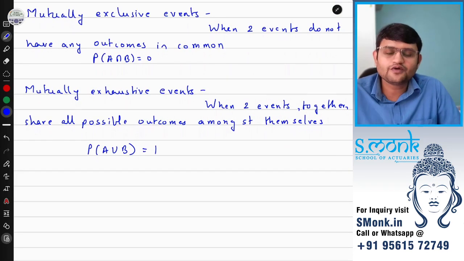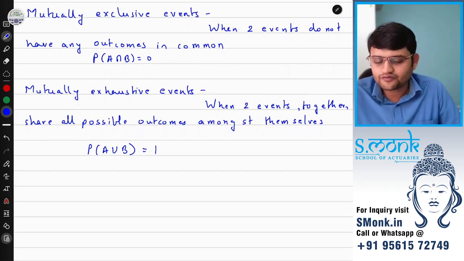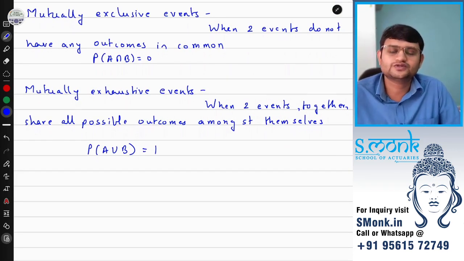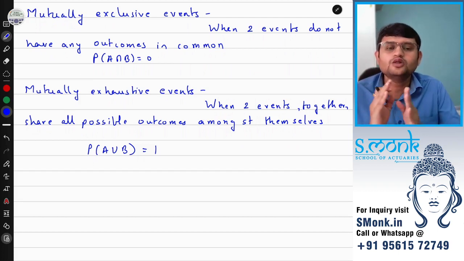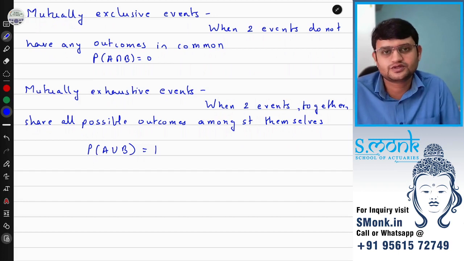Okay. So if I want to give you an example of mutually exclusive events, take the suits of the deck: the hearts, clubs, spades and diamonds. Each one of them does not have anything in common with the others, so they are all mutually exclusive of each other.